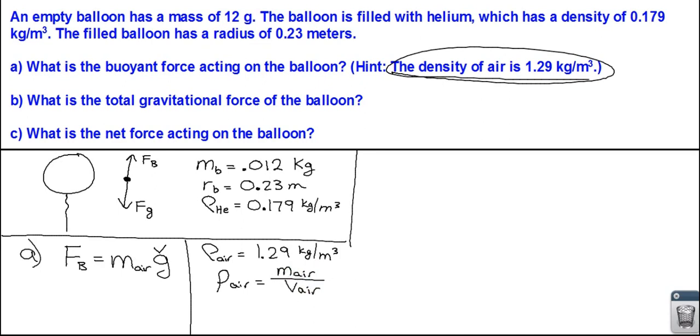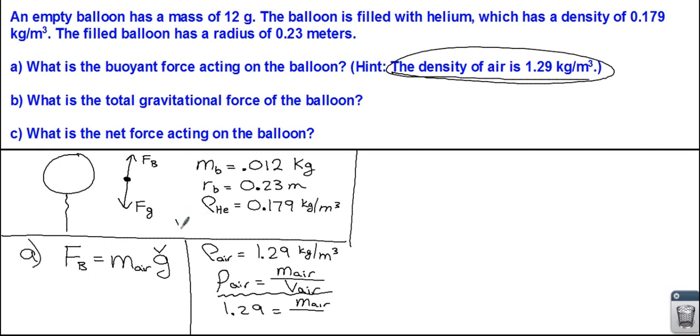We know the density, 1.29 kilograms per cubic meter. We want to find the mass, so we need to know the volume of the air. How much air got pushed out of the way when we blew up this balloon? However much space the balloon takes up, because air is completely surrounding it. The balloon is submerged in the air, so we need to find the volume of this balloon.